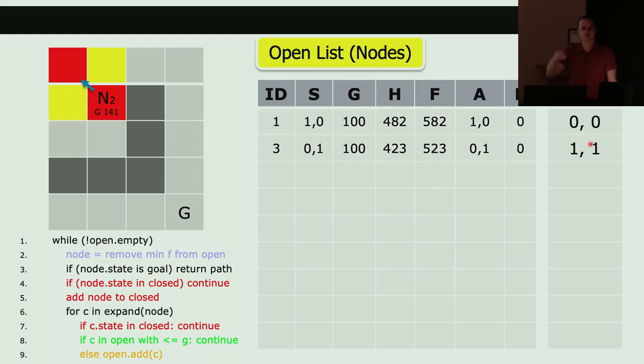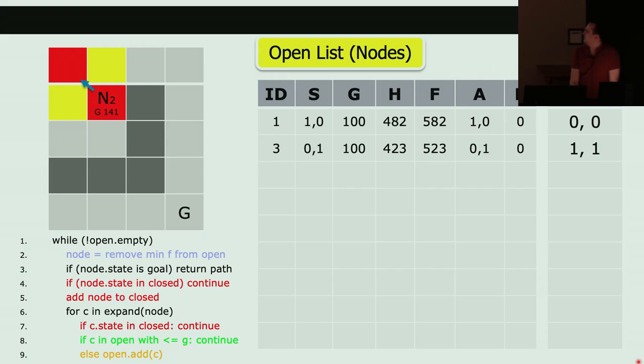So every time we take a node off of the open list that isn't in the closed list already, that means we have now found the optimal path from the start to that node. Right? So if I ever want to know the optimal path from this node to the start node, that's just this. So whenever I pop a node off the open list with A star, I have found the optimal path to that node. And if that node happens to be the goal node, then we've found the optimal path to the goal. So that's just a fun aside that you can use for different optimizations in other domains.